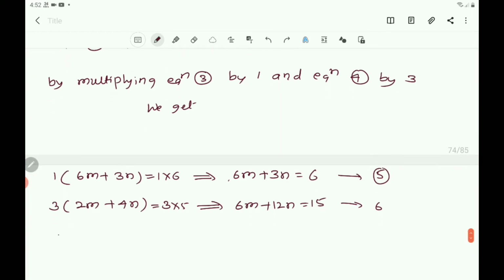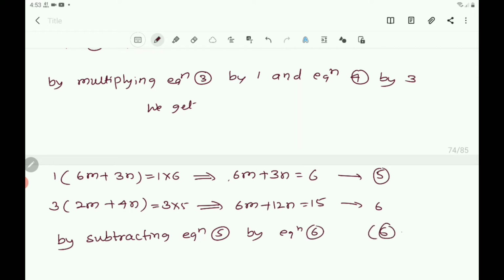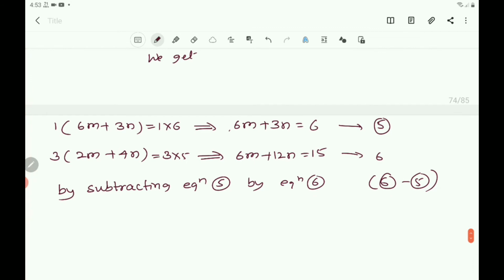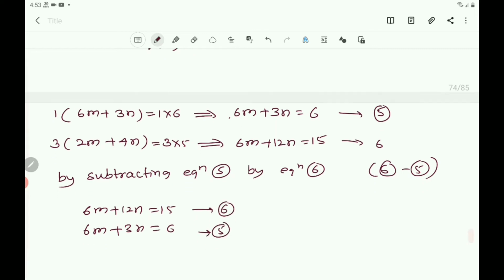By subtracting equation 5 from equation 6, that is equation 6 minus equation 5, write 6m plus 12n equals 15 and 6m plus 3n equals 6.